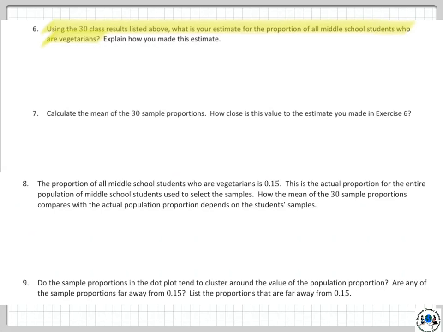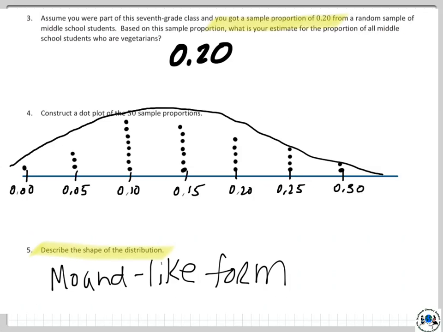Since this is so nearly symmetrical, and I'm just looking at these. Boy, if I look right here, it looks like 0.15. I have 1, 2, 3, 4, 5, 6, 7, 8, 9, 10, 11. I've got 11 dots over here, and 2, 4, 6, 8, then 9, 10, 11, 12, 13.